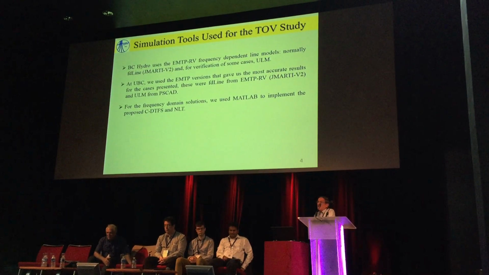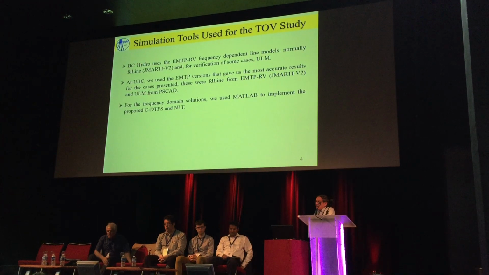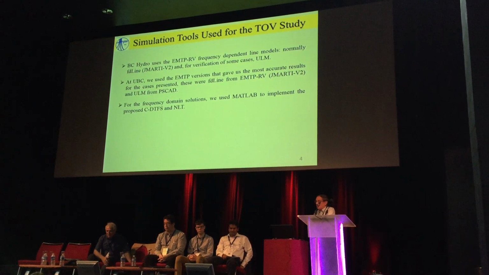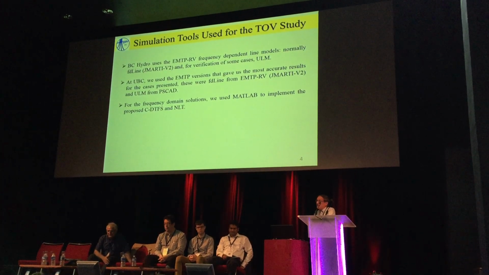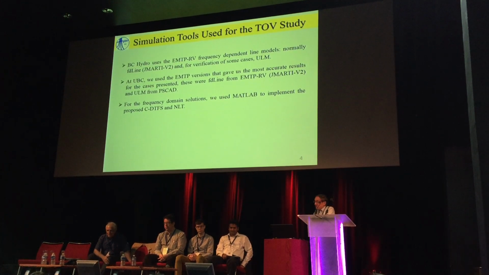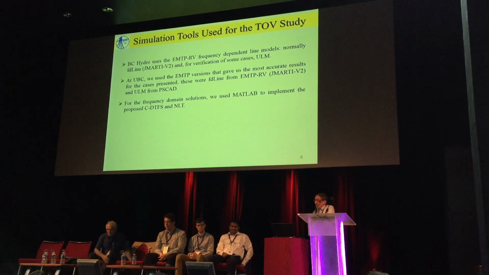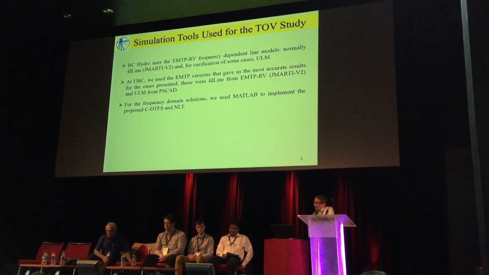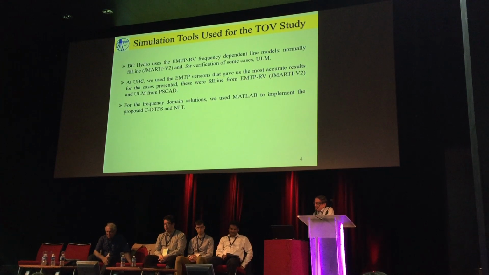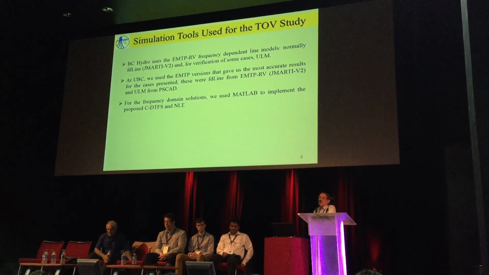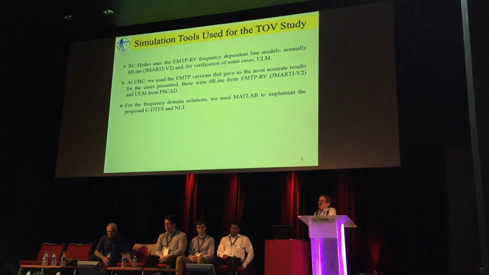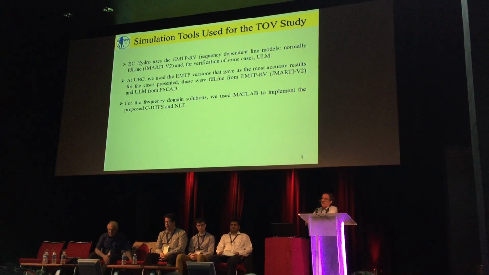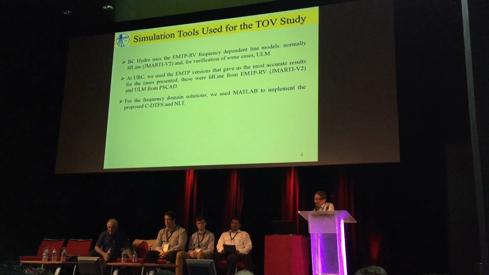And they find it quite sufficient, even though the type of lines they have is pretty much double circuit, asymmetrical configurations, etc. For verification, they also use the ULM model. At UBC, we have access to PSCAD and EMTP-RV, so we use both. For these comparisons I'm going to present, we're going to use the one that gave us the best results, whether it was PSCAD or EMTP-RV.